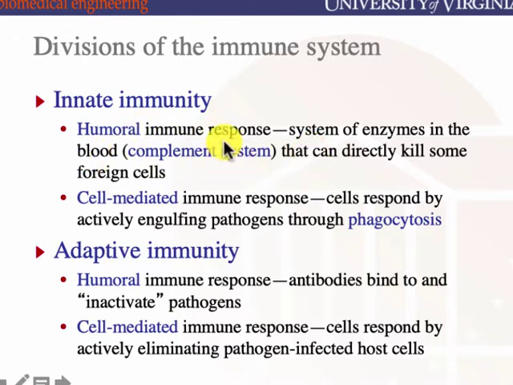In this case, we're going to talk specifically about the complement system, which is a system of enzymes that can directly kill foreign cells. And we'll talk about how that works in a minute. The other is that of cell-mediated immunity. And when we're talking about cell-mediated immunity in the case of innate immune responses, we're talking mostly about phagocytosis, right?